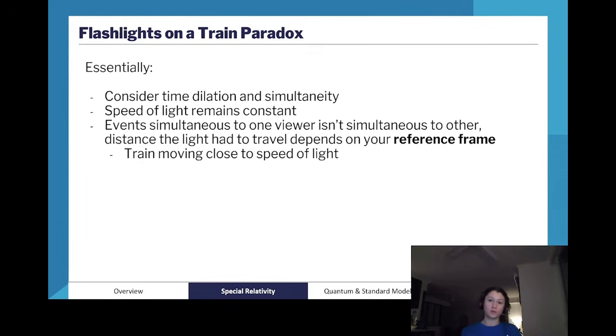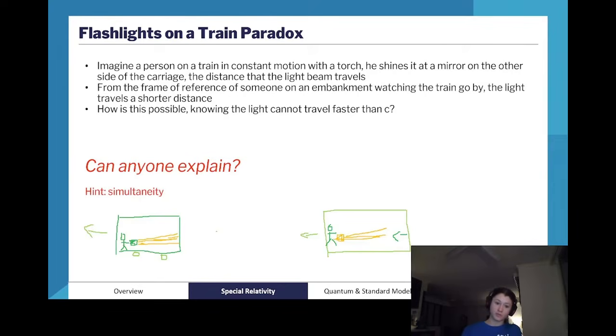So, the train moving close to the speed of light influences this, and the person on the embankment and the person in the carriage see the light hit the end of the carriage at different times, just because they see a shorter distance. Simultaneity is relative based on reference frames. So that is the solution.